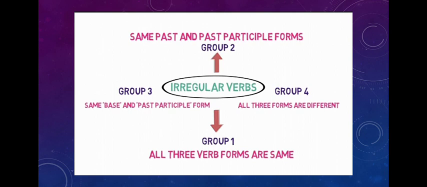In group 3, same base and past participle form. So here in the base form, always remember when I say base, it is the present tense. Okay, so the present tense and the past participle form will be the same. And in group 4, all three forms are different. So let us see all of them one by one, each group one by one.